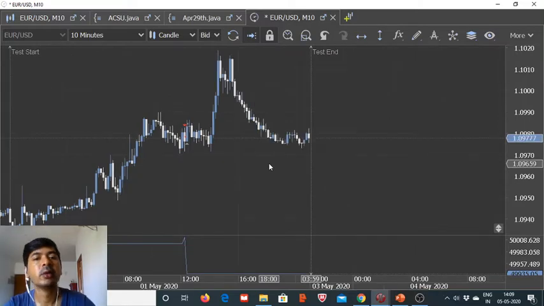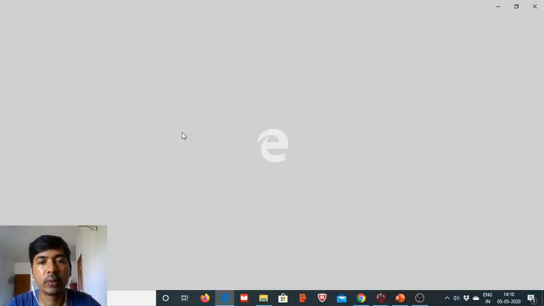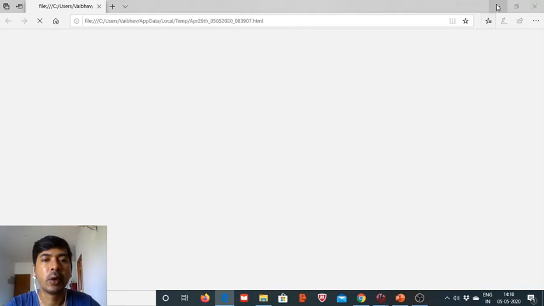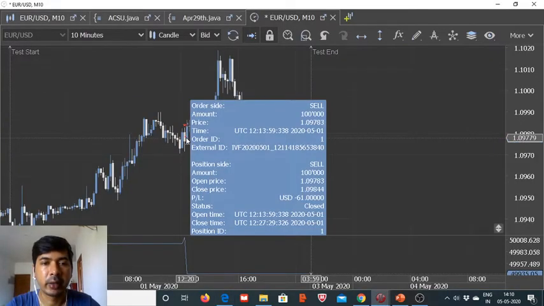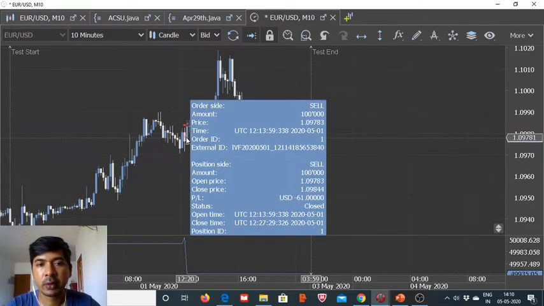So as we had pointed out, this is the place where the order would have been placed 30% below the prior candle's close, and it doesn't really go on to meet its target. Rather than that, it hits the stop loss on the upper side.